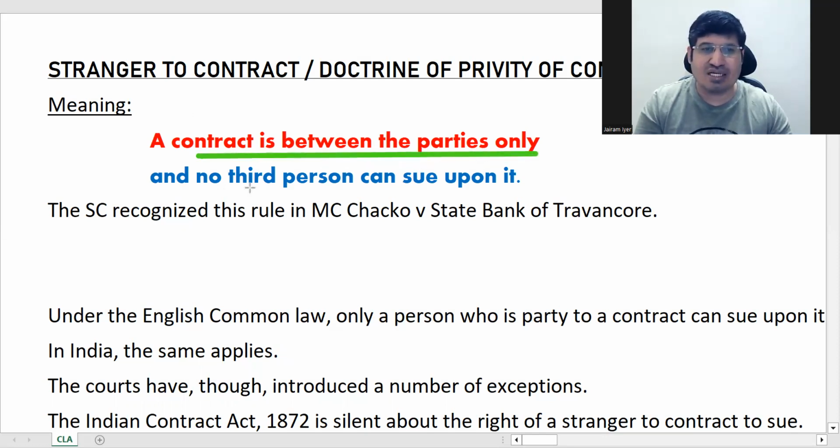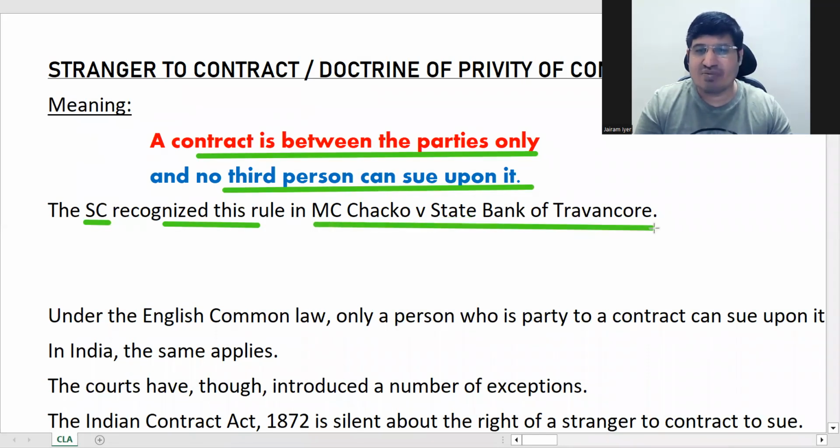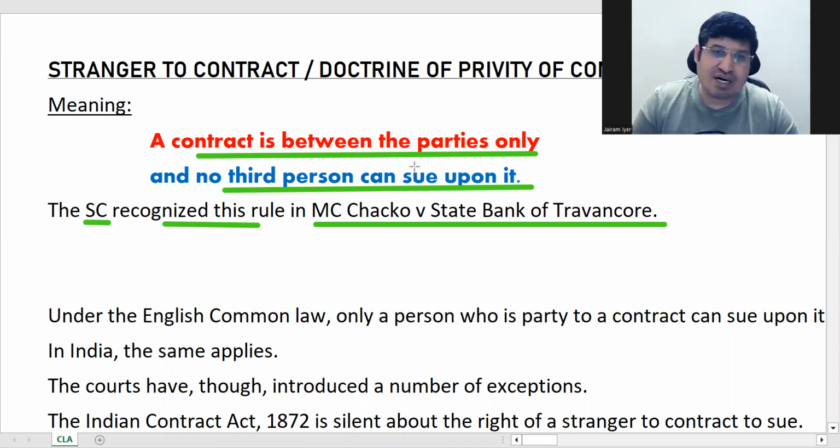No third person can sue upon it. The Supreme Court recognized this rule in the case law MC Chaco versus State Bank of Travancore. Remember this. What was established? Contract is between the parties only and no third party can sue upon it.